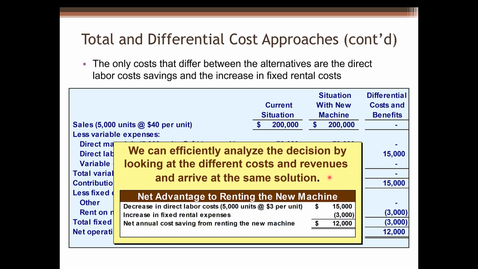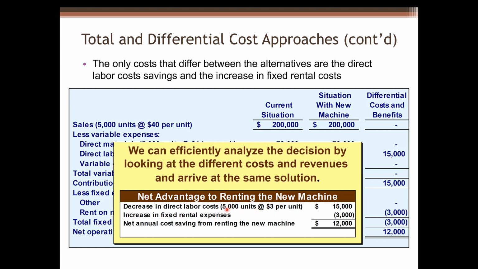The more efficient way of analyzing this decision is to use the differential cost approach. We can take a look at the differential costs and revenues only, and we will arrive at the same solution. Let's take a look here. Direct labor costs decrease by $15,000. For each unit, labor cost can save $3.